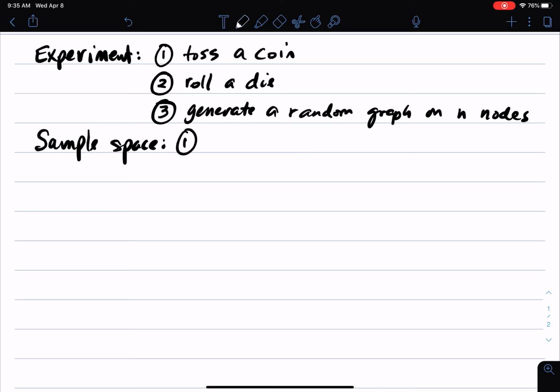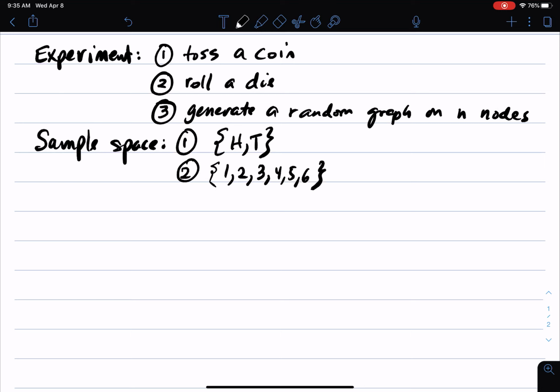Tossing a coin: what are the possible outcomes? The possible outcomes are either H or T, right? So this is the set of all possible outcomes of the experiment of tossing a coin. For the second experiment, when you roll a die, you're going to see one of 6 possible values: 1, 2, 3, 4, 5, 6.